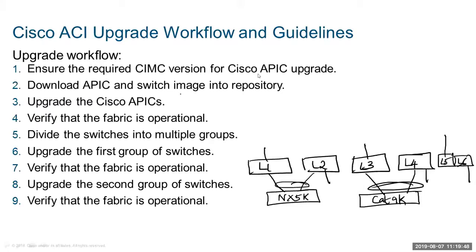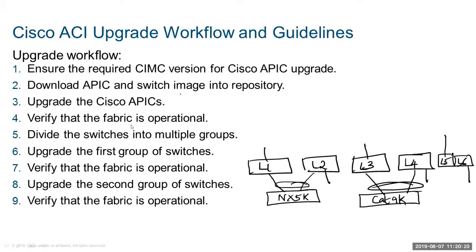So ensure you have the required CIMC version. That would mean you've got to make sure the hardware has its Cisco Integrated Management Controller upgraded to a certain release in order to support the APIC upgrade. Make sure you have the images in your firmware repository. I'm going to upgrade the APICs first, see that the cluster is fully fit.